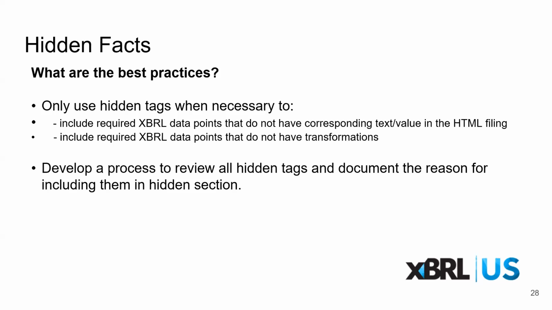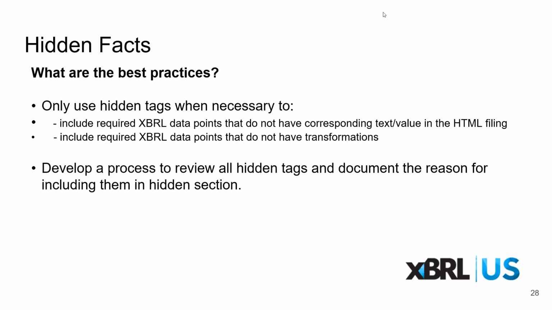Yes, so without getting super technical about what is considered DEI, the EFM actually does make that distinction. And in fact, certain DEI items are not necessarily IX hidden. The example that we looked at earlier on the open tax year is actually not a DEI disclosure, but it would be included in hidden facts.